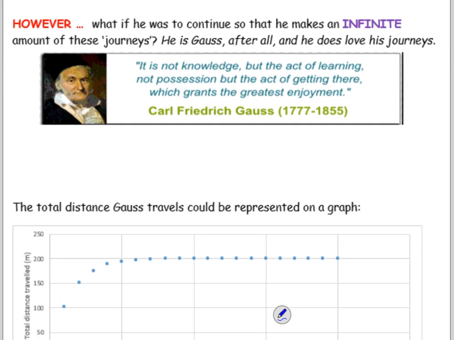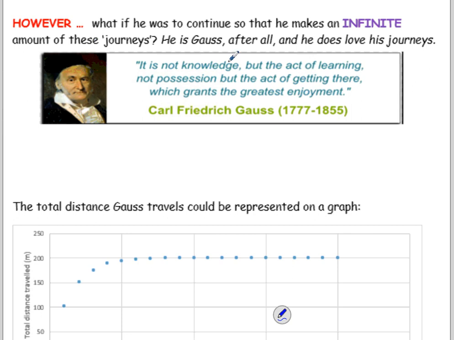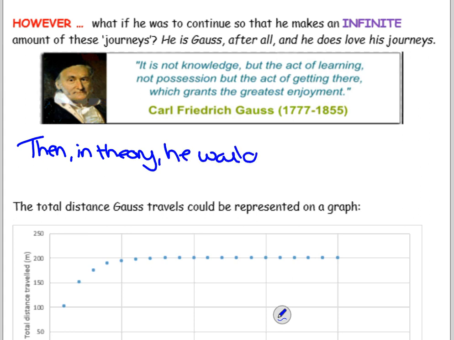He is Gauss after all, and he does love his journeys. Then in theory, if he kept going through to infinity, he would get there, yep. So then in theory he would get there, you could write. So that's how Gauss gets there. There's an infinite amount of journeys, because he's superhuman.